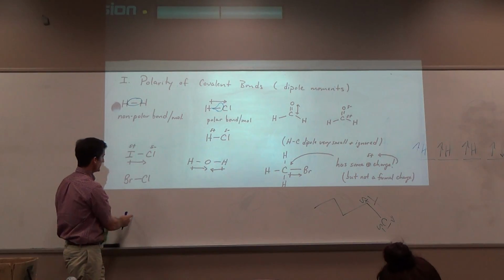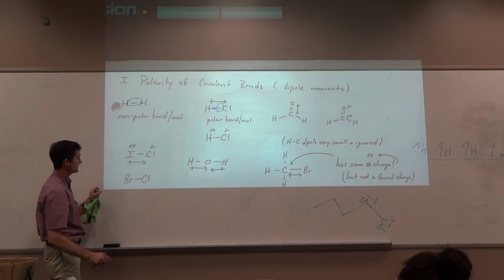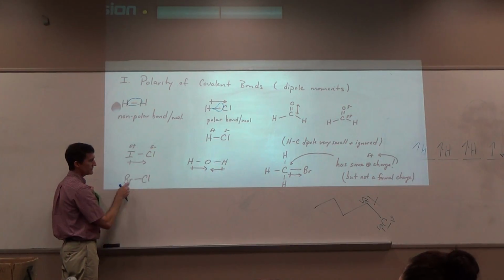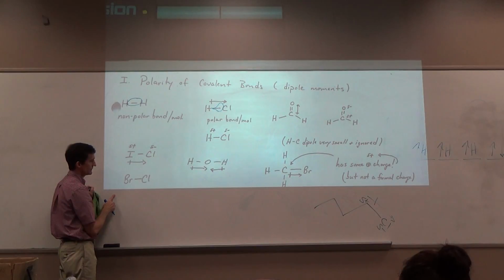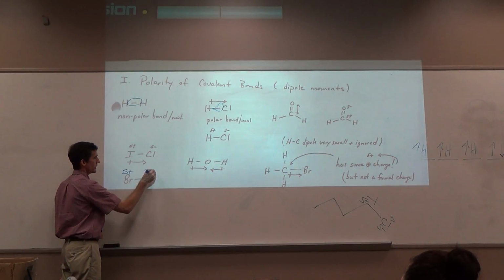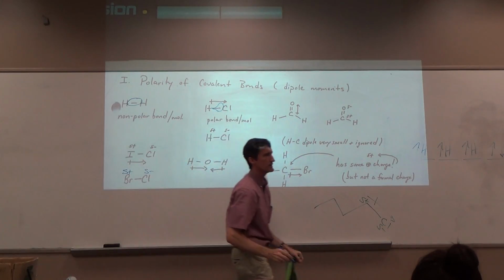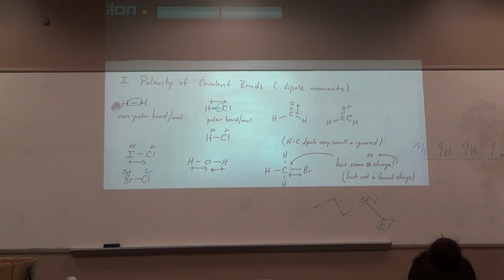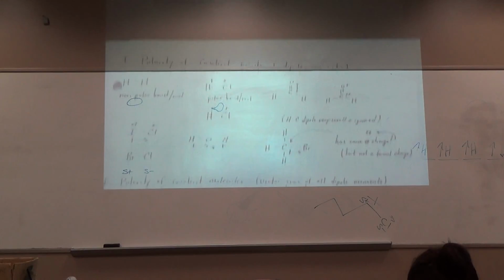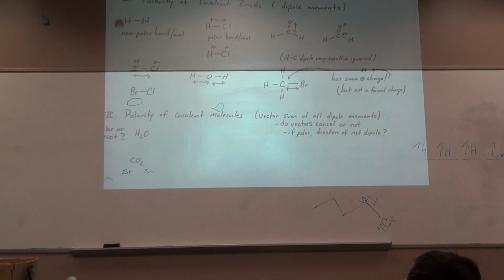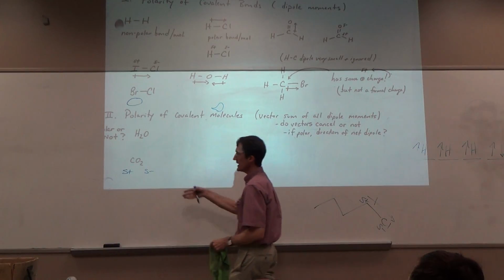Here, I think we're going to move down. What's the dipole here? Which halogen is partial plus? Yeah, partial plus, partial minus. Chlorine more electronegative. Yeah, let's do water down here. Got a variety of compounds.